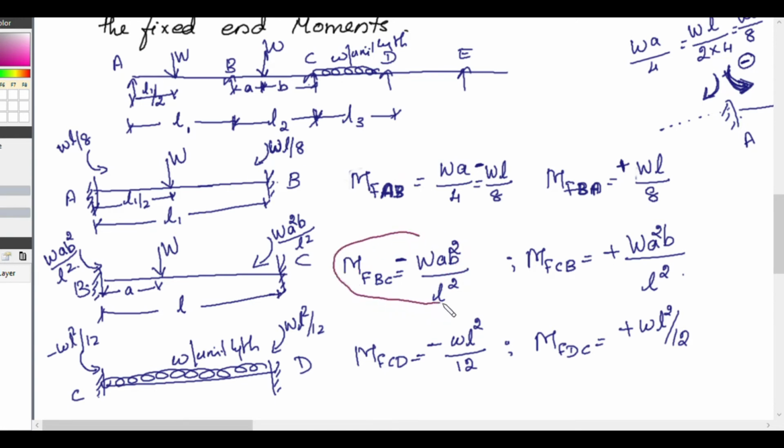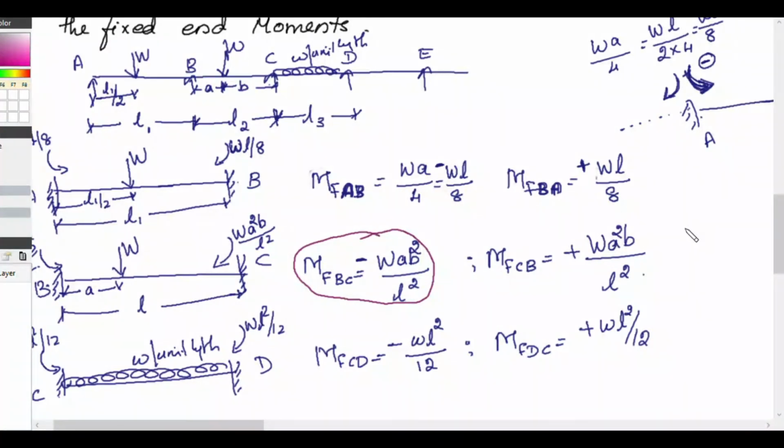Same formula as this. You can substitute W minus WA. Because it is L by 2, L by 2, L by 2, L by 2, D is also equal to A. So A square divided by L square. So L is 2A, 2A the whole square.